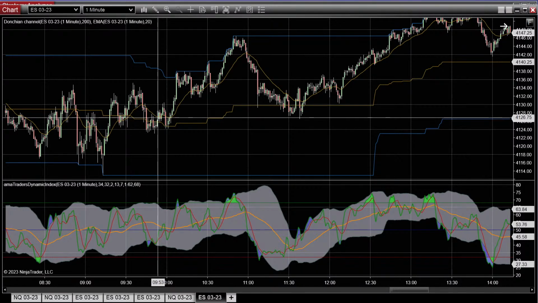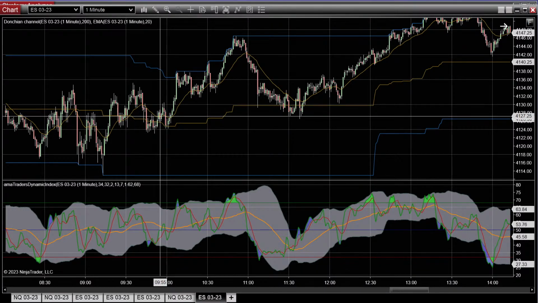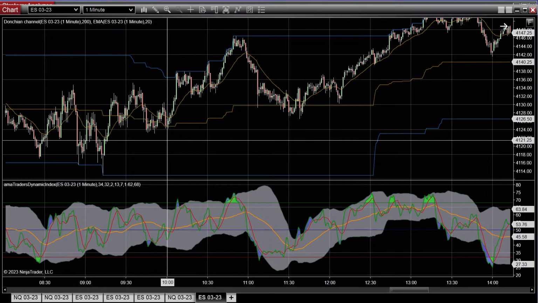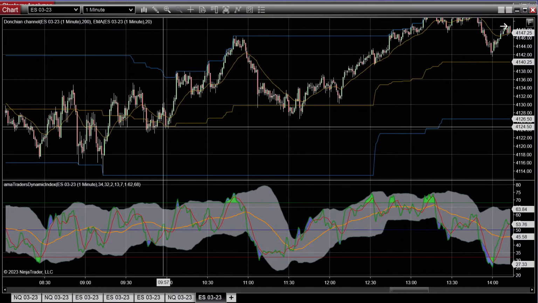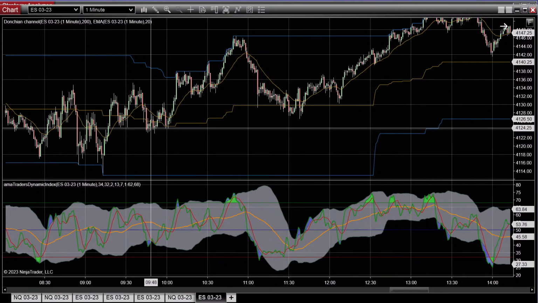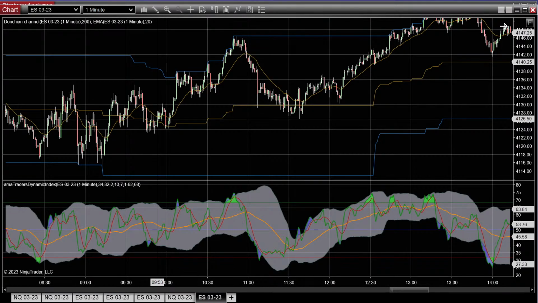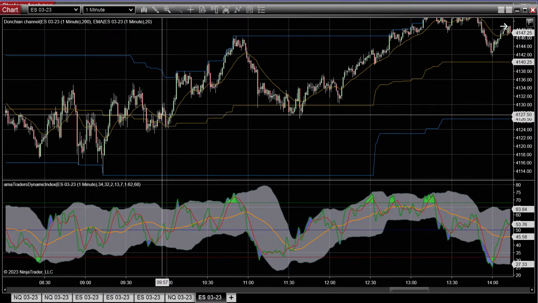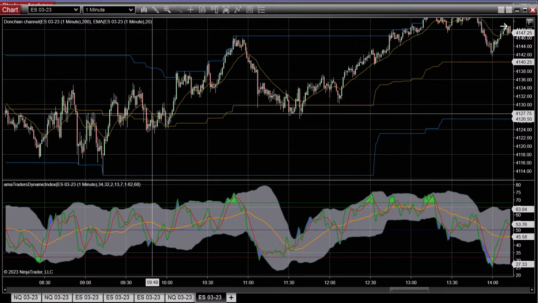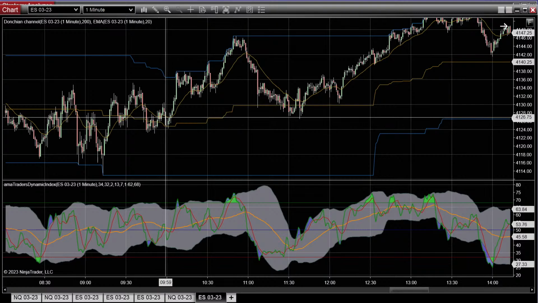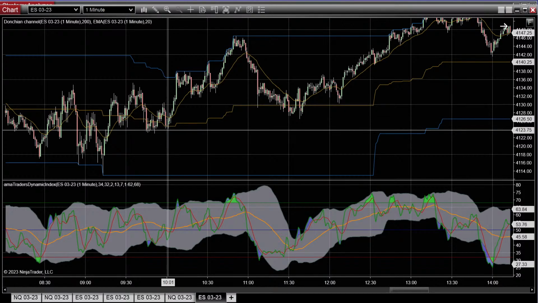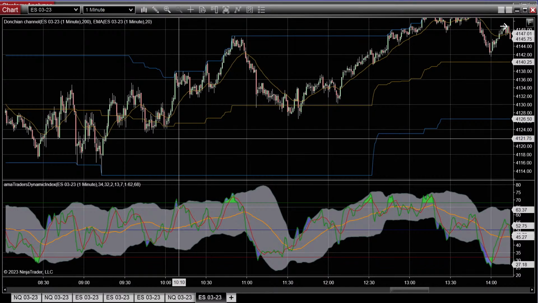It's if the EMA crosses below the middle Donchian. Okay? So if price is below the middle Donchian, but the EMA is above, we can look for any type of trigger to go long, as long as the EMA doesn't cross below the middle Donchian.